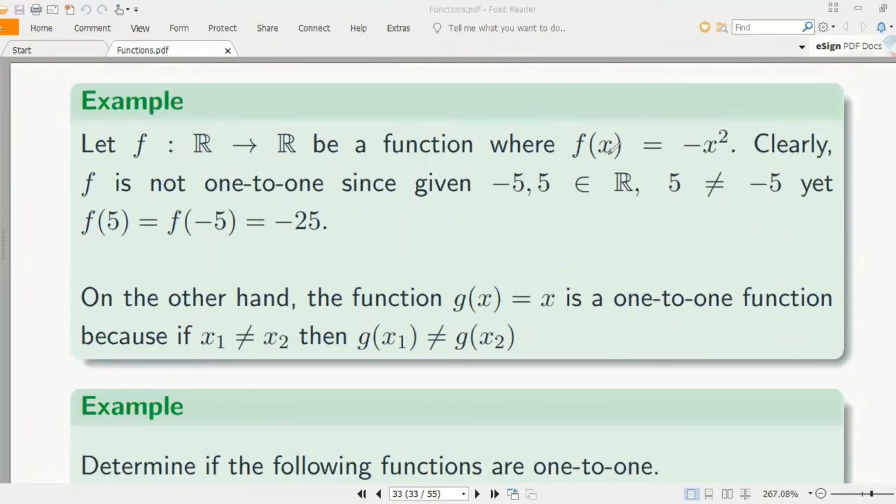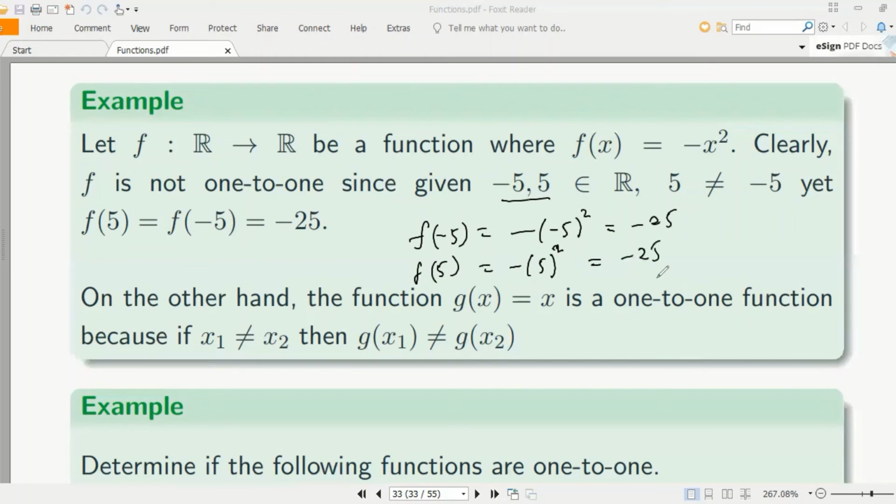Two different inputs, would I get two different outputs? I tried negative 5 and positive 5 as my inputs. f of negative 5 will be, using this definition, negative 5 squared, and this is negative 25. f of 5, using this definition, is negative 5 squared, and this is negative 25.